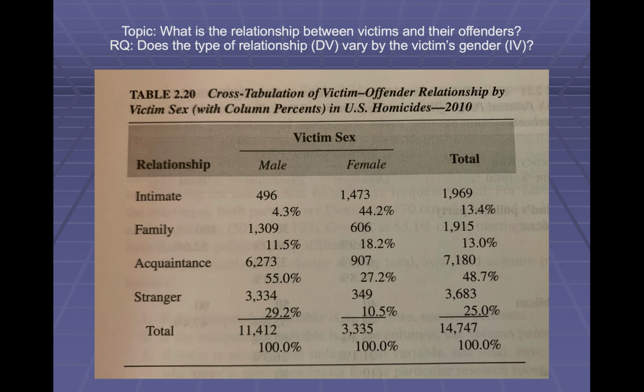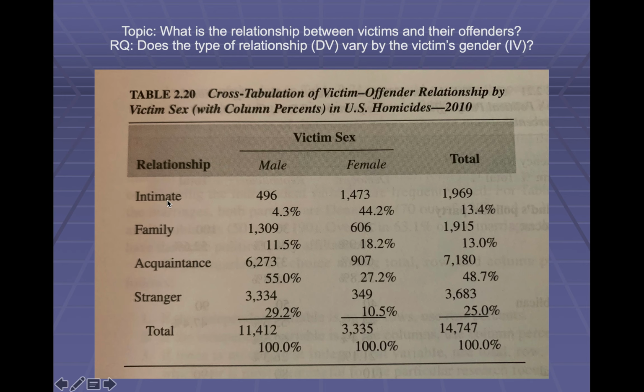And then here's another cross tabulation that's a little bit more difficult. It includes percentages, for example. So the topic for this study was, what is the relationship between victims and their offenders? And does the type of relationship vary by the victim's gender? So here you can see, let's say the victim was a male.